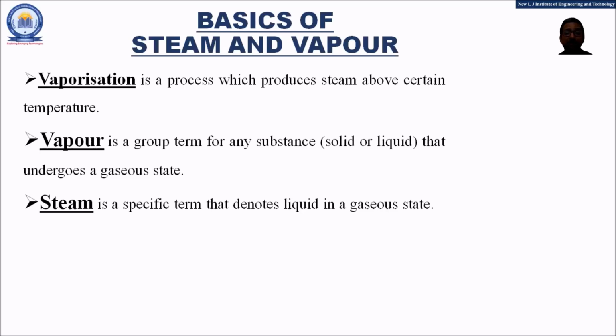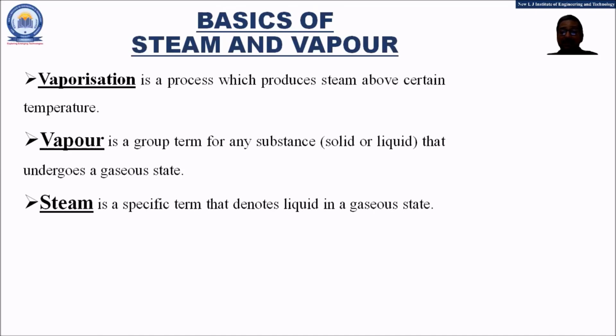Dear friends, in simple terms, vaporization is the process which produces steam above a certain temperature. So during the vaporization process, steam is produced above a certain temperature. Now when we consider the concept of vapor, vapor is a general term, a group term, which is used for any substance.